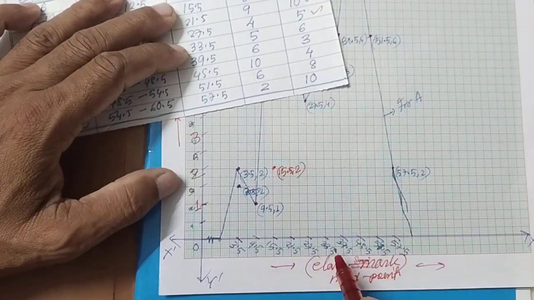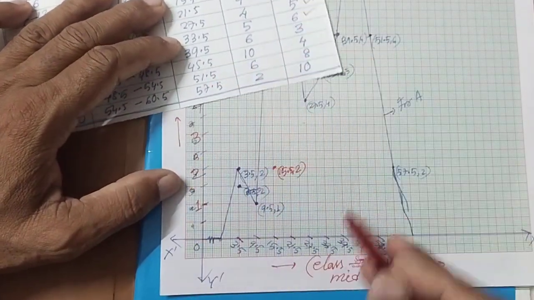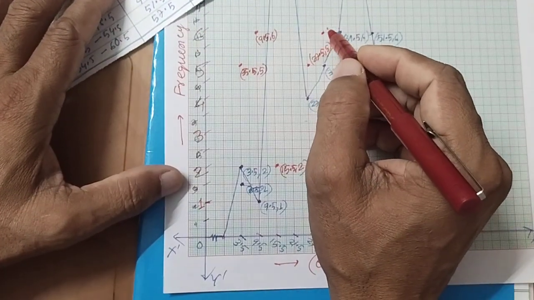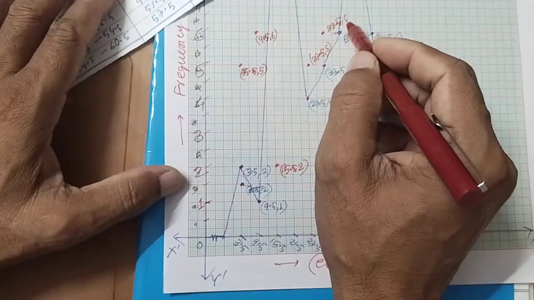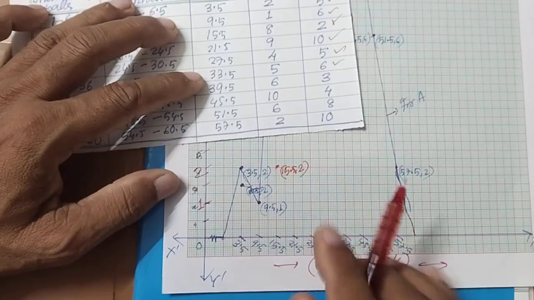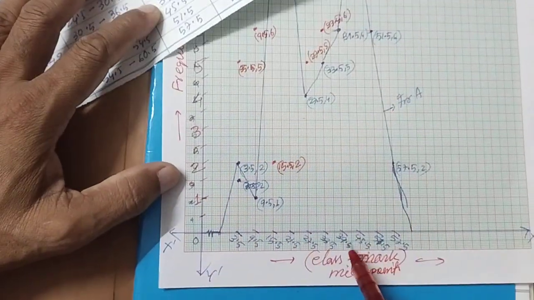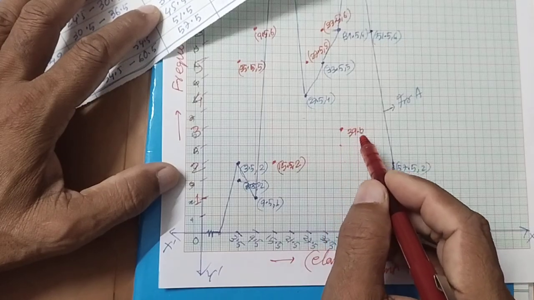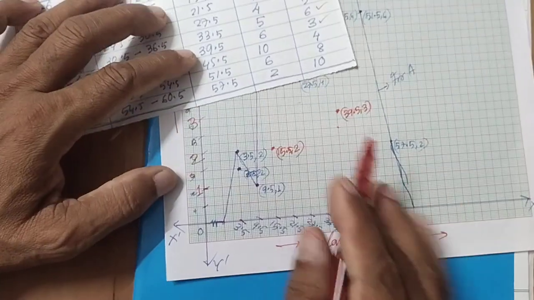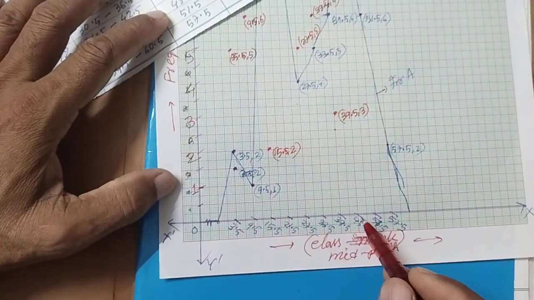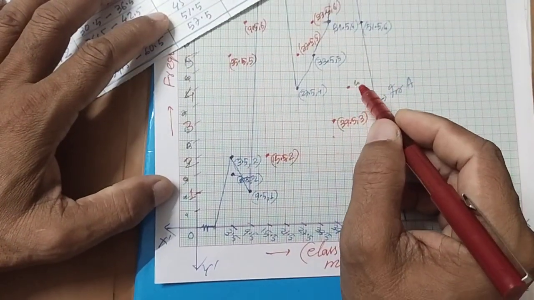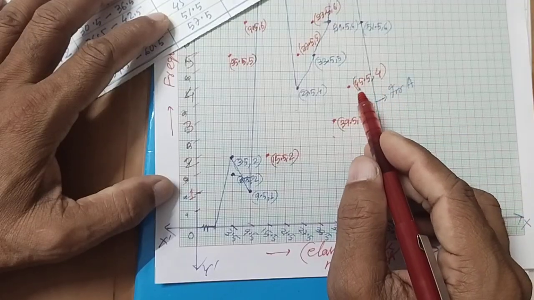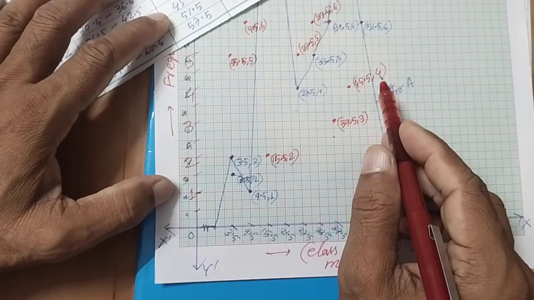Then 33.5 next, corresponding value is 6. This is the point. 39.5 is 3. 45.5 is 4, along x 45.5, along y 4.